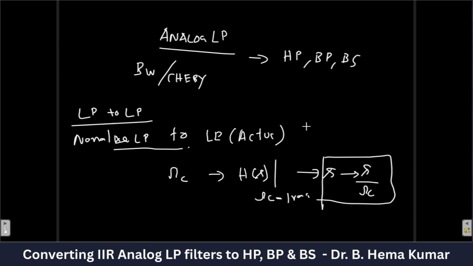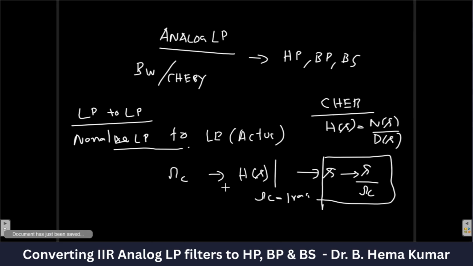But in the Chebyshev filter, when you design your low pass filter itself, whatever transfer function you get, numerator and denominator, is directly your low pass filter for those specifications. So there it is not required. Only for the Butterworth design do you have to convert from normalized into actual. For that alone this step is required.